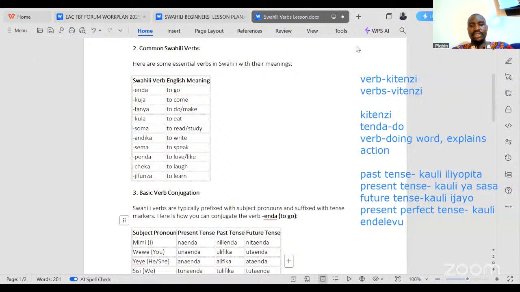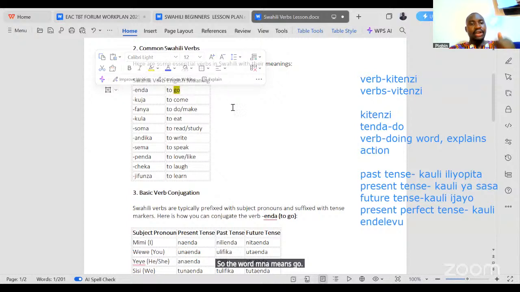Let me delete the words in blue. The word enda means go.